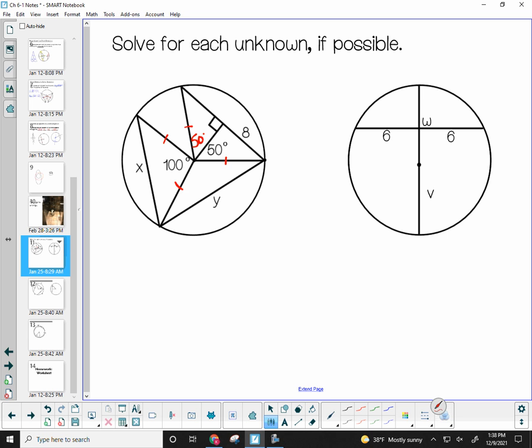We talked about the isosceles triangle: the altitude is an angle bisector, and it's also a perpendicular bisector. So that half is 8, this has to be 8. Now, if this angle is 100 degrees and this angle is 100 degrees, well, congruent angles have congruent chords, which means x then has to be 16.